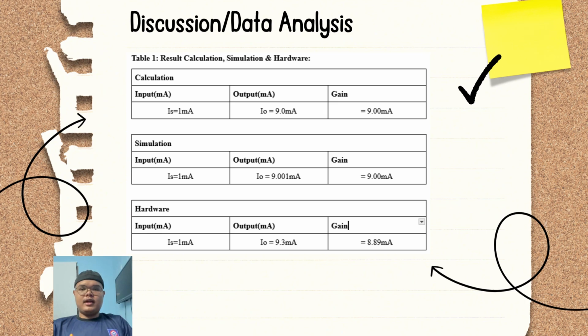This analysis highlights the effectiveness of the feedback network in achieving predictable op-amp behavior and reinforces the importance of understanding feedback design for reliable amplifier performance.